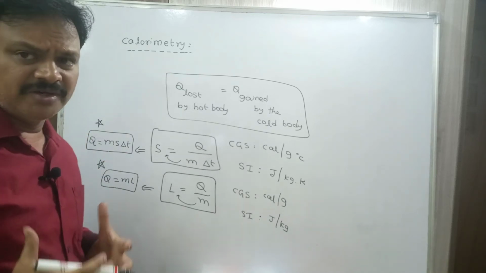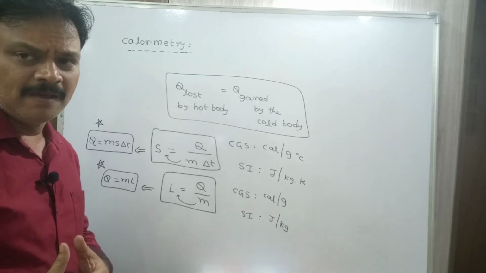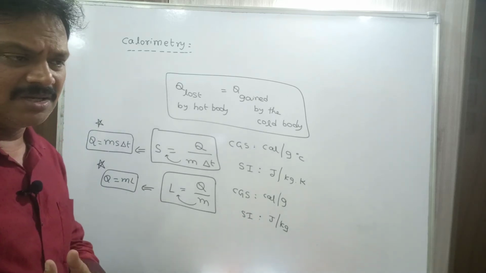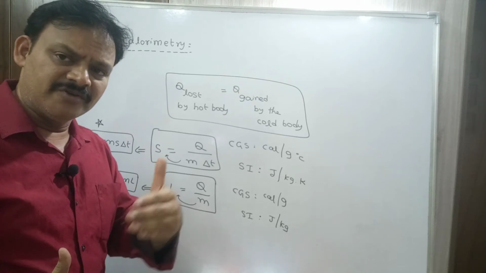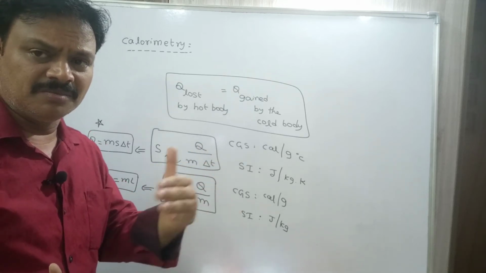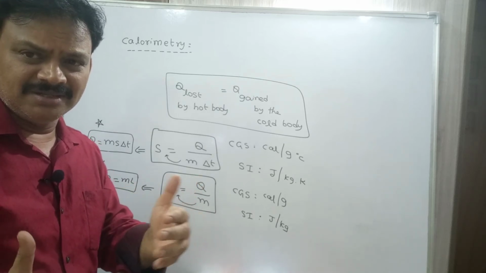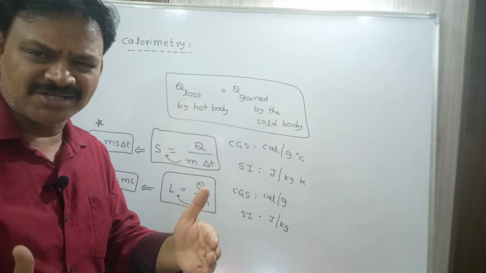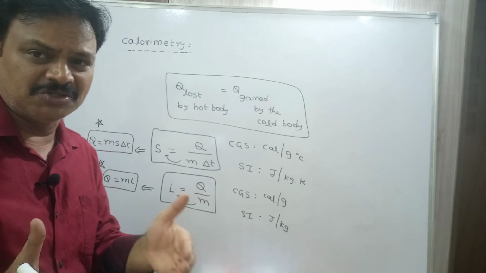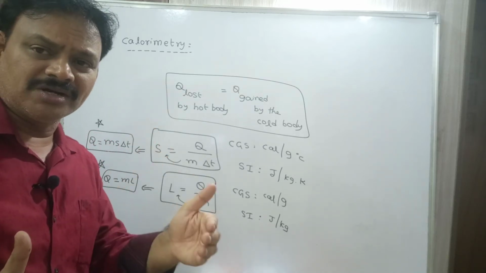Suppose I give you 10 grams of ice and I am heating it, what happens? Ice will convert into water, that is called melting. This process takes place in a certain time. That means it will take 10 seconds or 20 seconds. There will be some time interval to convert ice into water completely.